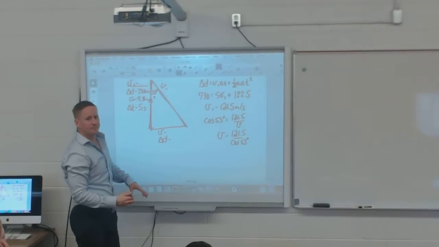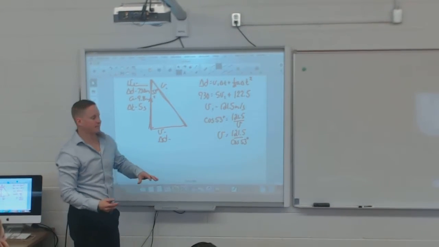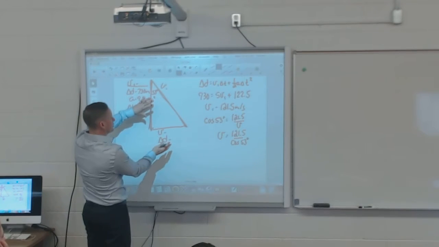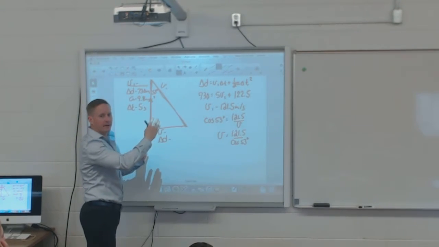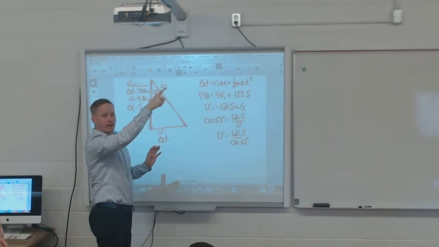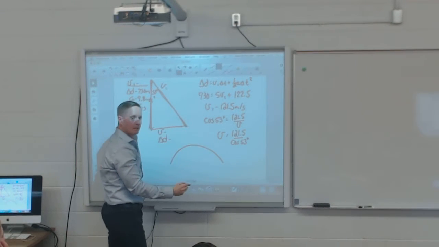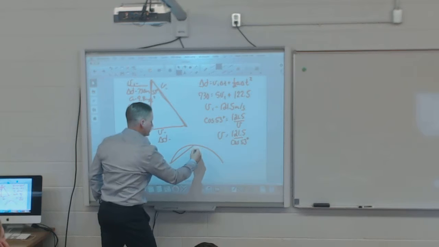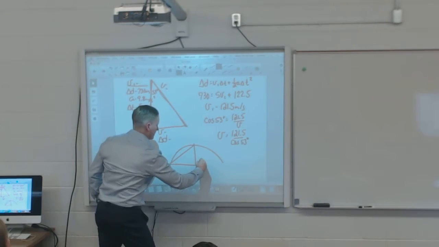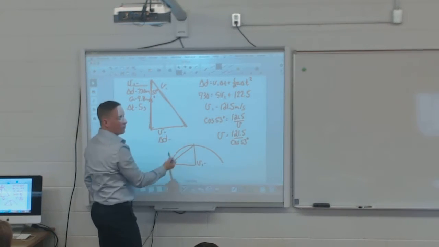Does that make more sense now? Yeah. So basically, if I took this triangle and rotated it, it'd be the same thing as if I threw it up in the air. My initial velocity is whatever I throw it up at.